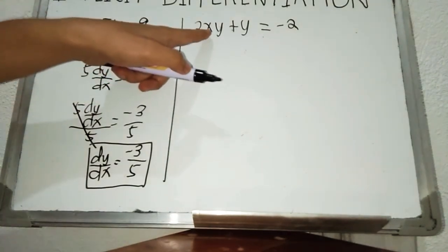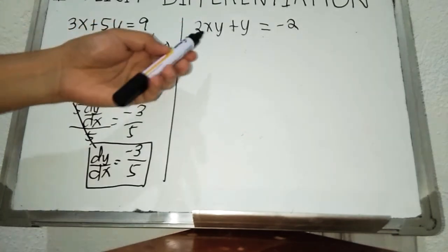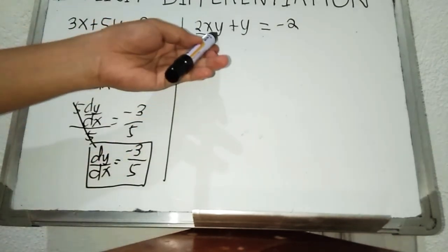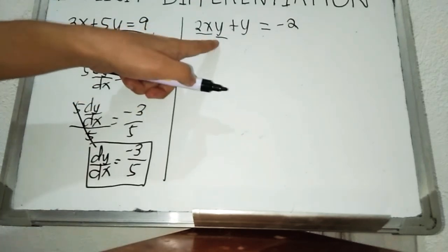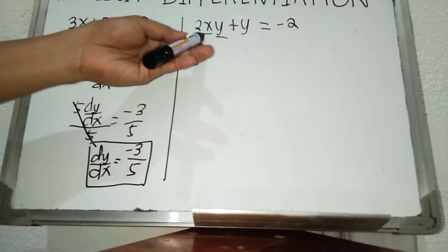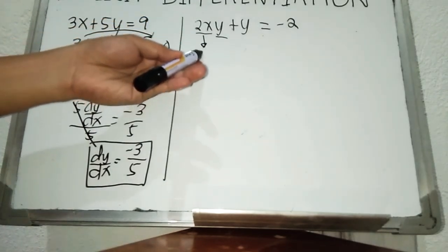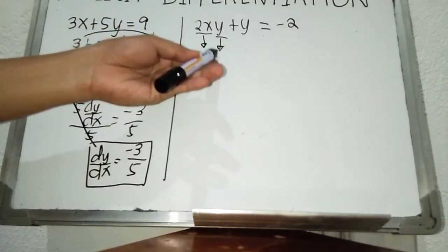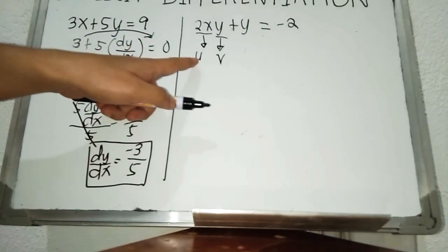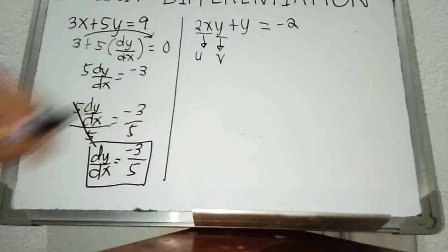Now, the first term is 2xy. So I am going to pick 2x as a first function and y as a second function. So if this is our u and the second function is our v, then basically we are multiplying the function u and the v, so this is product rule.